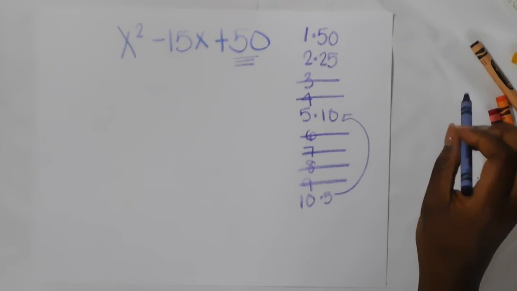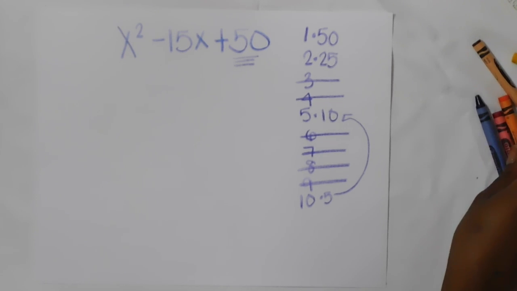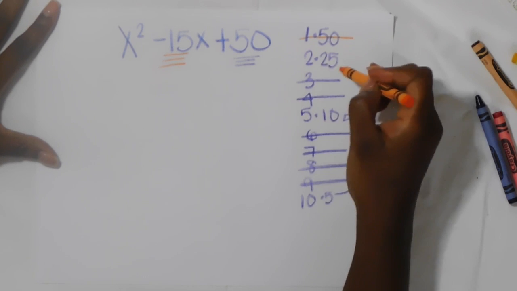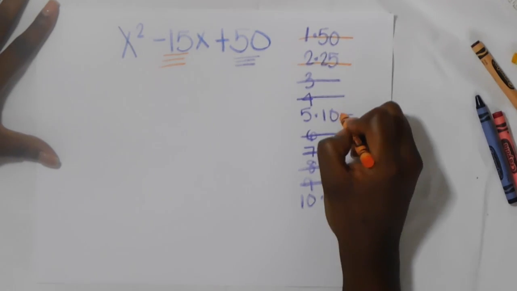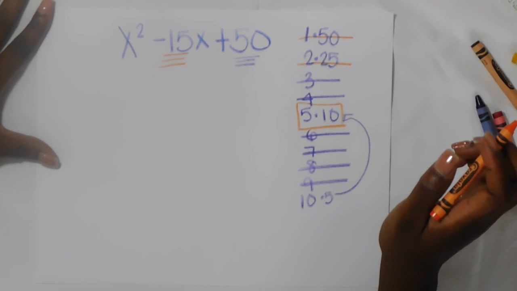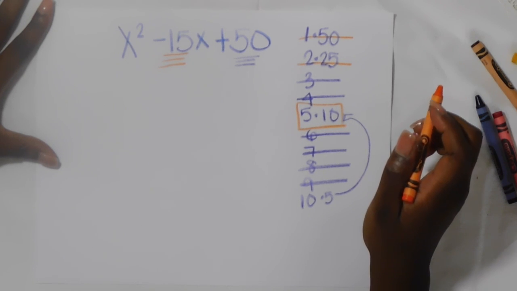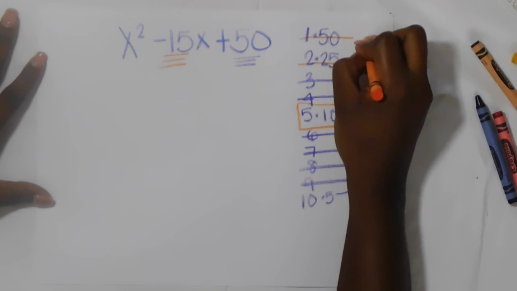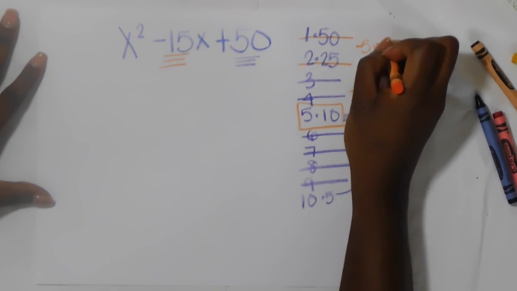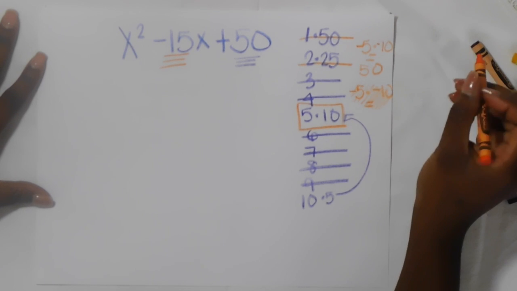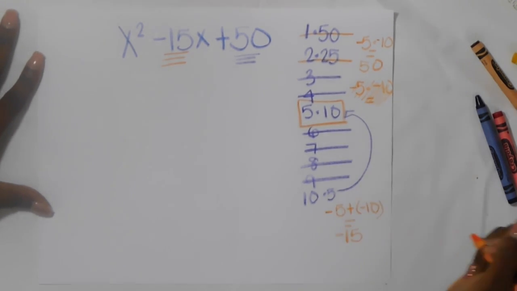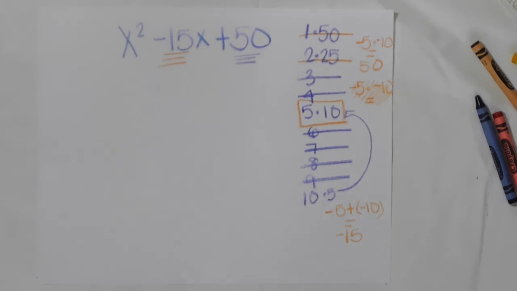So now I've got to find a combination that's going to give me negative 15 when I add it and positive 50 when I multiply it. That combination is going to be negative and negative again, because negative times negative gives me a positive, and negative plus a negative gives me a bigger negative. So negative 5 and negative 10.